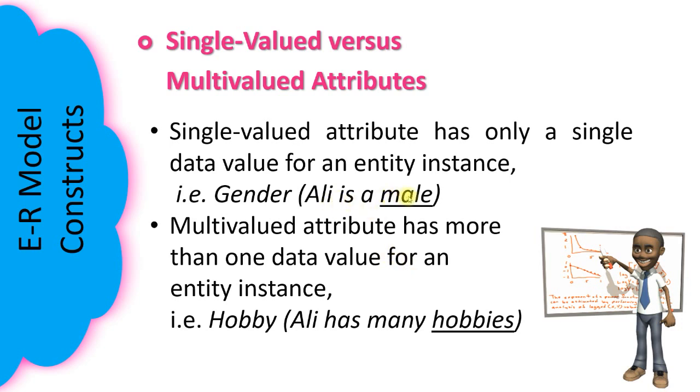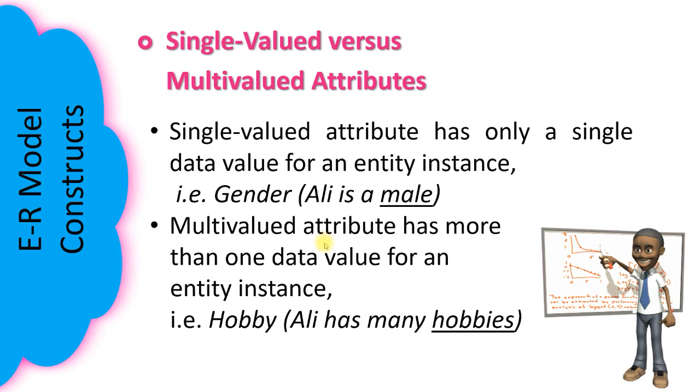Ali is a male. There's no way that Ali as an instance may have more than one gender. So for that reason, gender is an example of a single valued attribute.